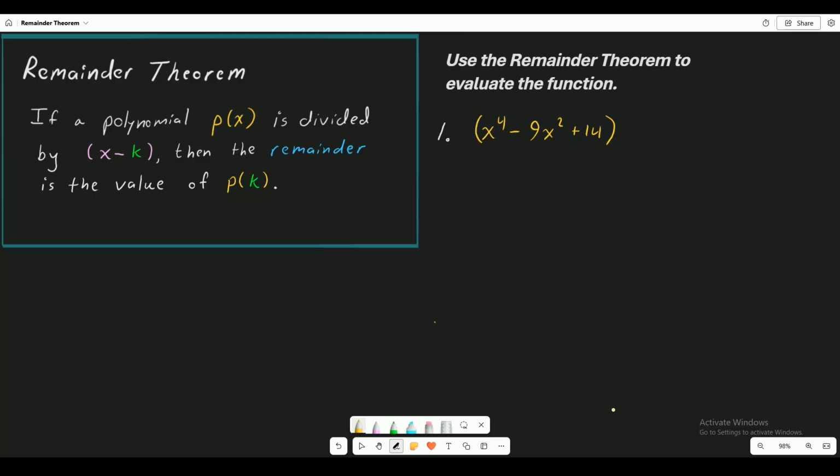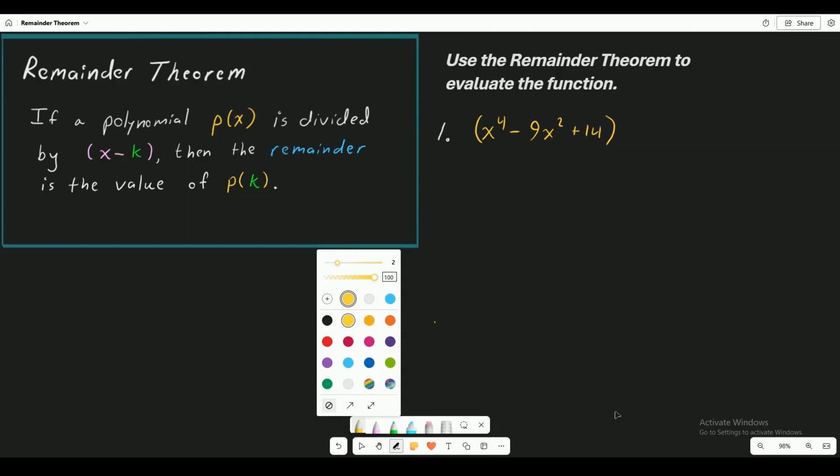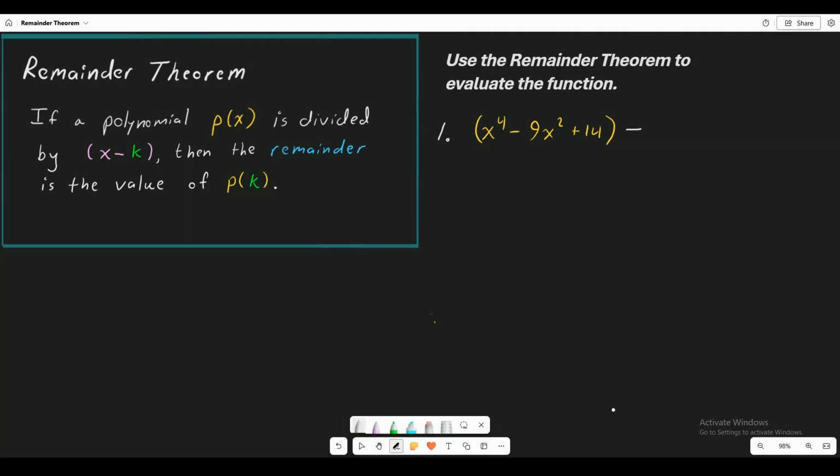So if a polynomial P of x is divided by, in this case, x minus 2, then whatever the remainder of this is should be P of k.